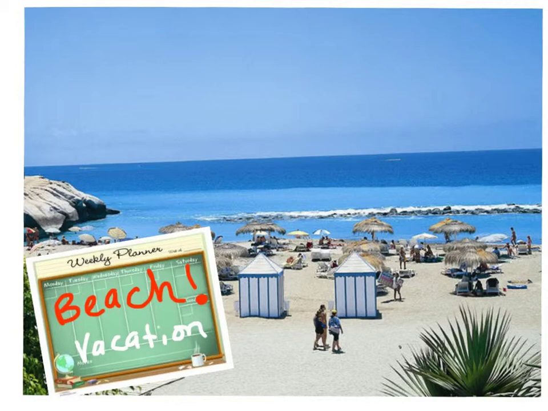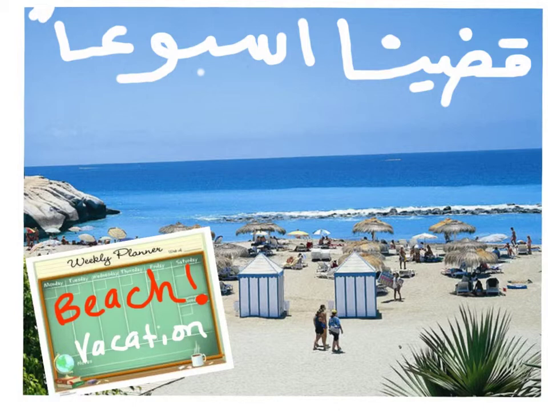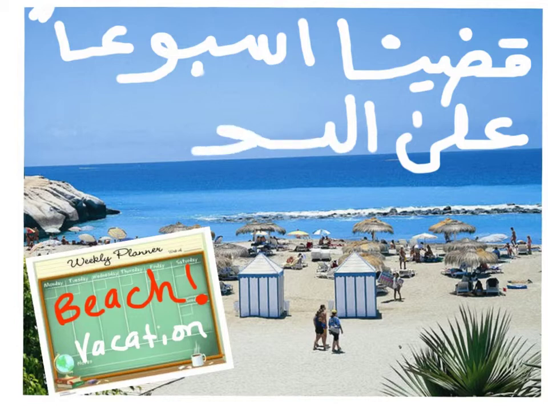So if I'm talking about spending a week on the beach, this beautiful, beautiful beach, I would say قضينا, if we are, there's a lot of us, قضينا. So we spent, and spent is always followed by time period, in this case a week. أسبوعا على, isn't this a beautiful, beautiful beach? على البحر, by the sea.